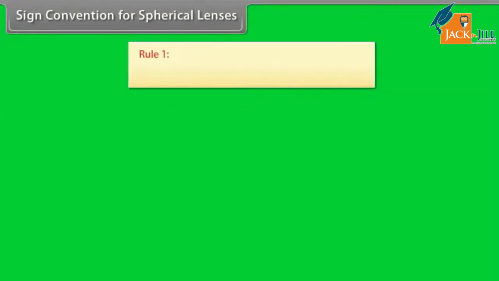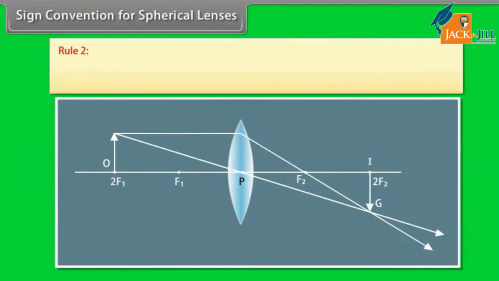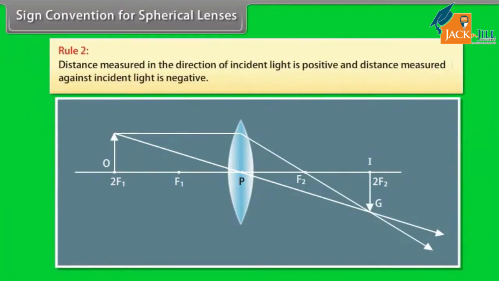Sign convention for spherical lenses. The sign convention rules are as follows. Rule number 1. All distances are measured from optical center. Rule number 2. Distance measured in the direction of incident light is positive and distance measured against incident light is negative.